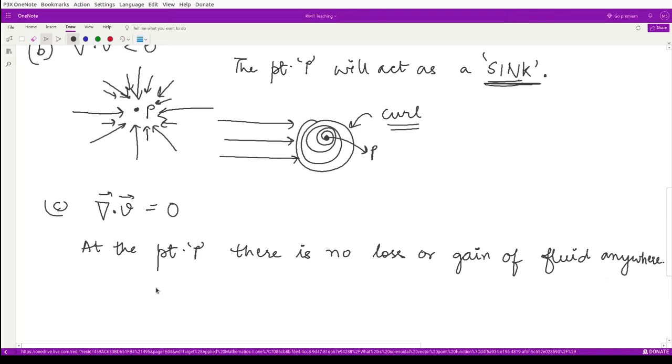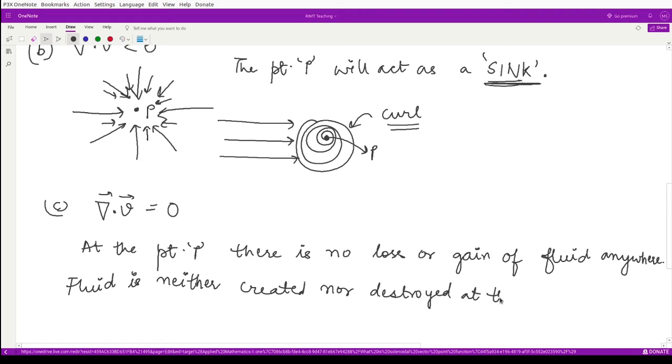Right? So we can say fluid is neither created nor destroyed at that point.